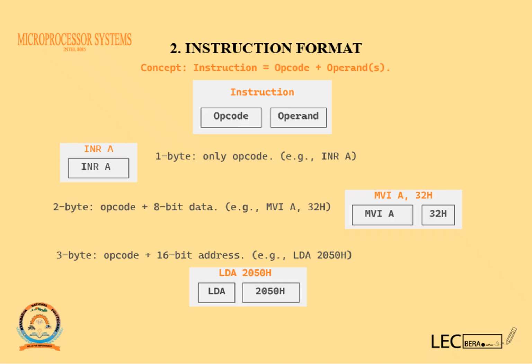So when we have an instruction which contains opcode and operand, then the opcode is going to occupy 8 bits and the operand is going to occupy 8 bits to 16 bits. But if I have an instruction which only contains an opcode, then that instruction is going to be 8 bits in length.